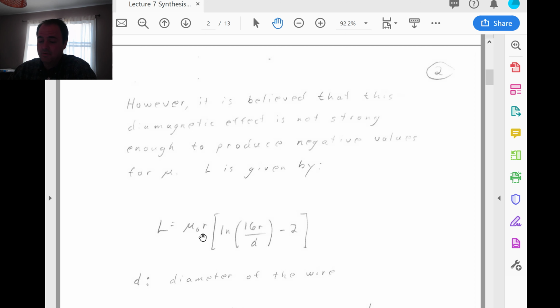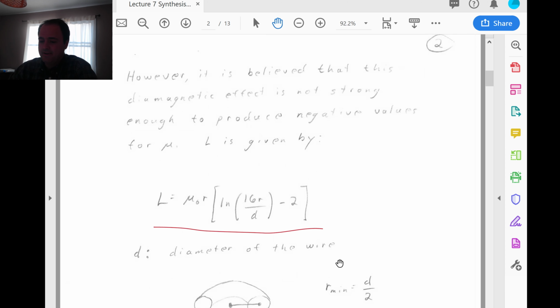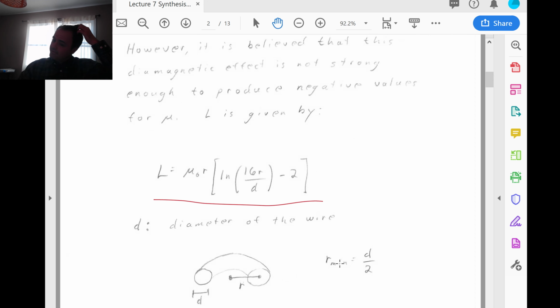L is equal to mu naught times r, the radius of the ring, times the quantity log of 16r over d, where d is the diameter of the wire, minus 2, closed quantity. So that is the self-inductance of the ring. So the question then is, can we get this to be negative?